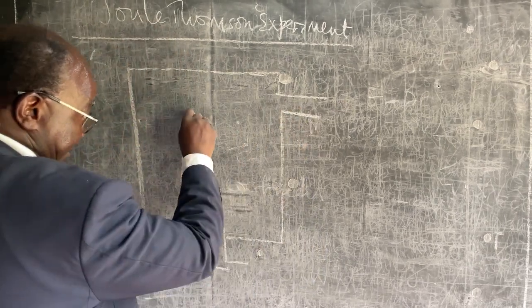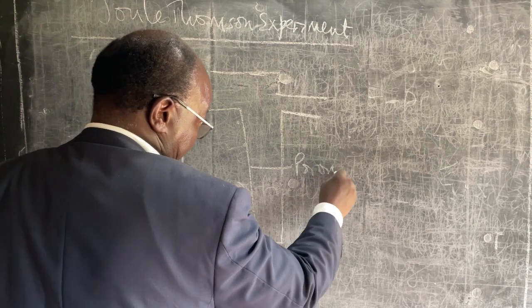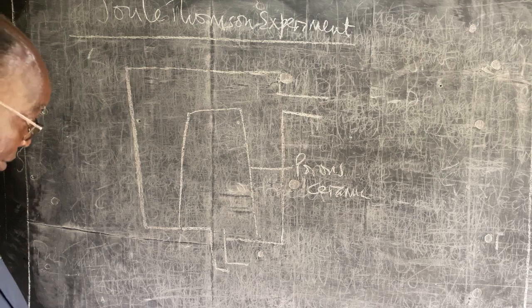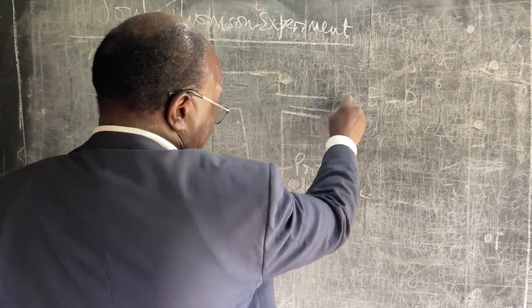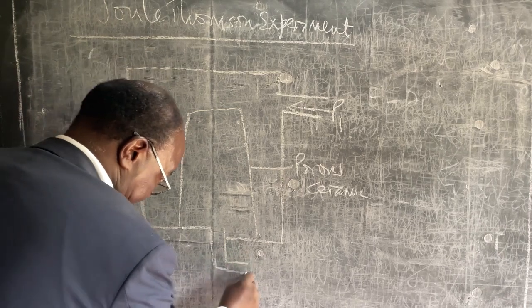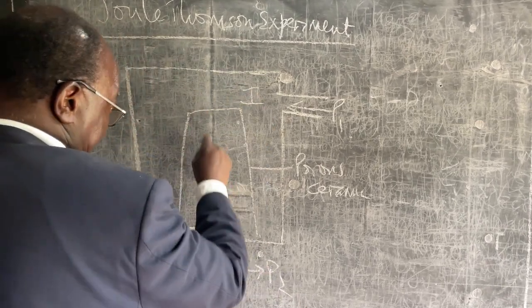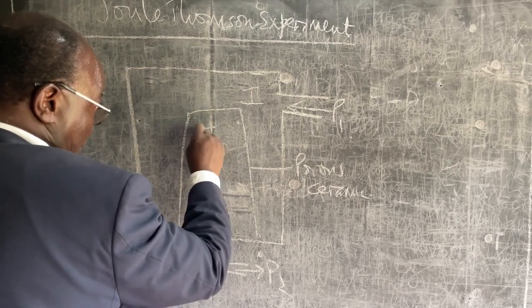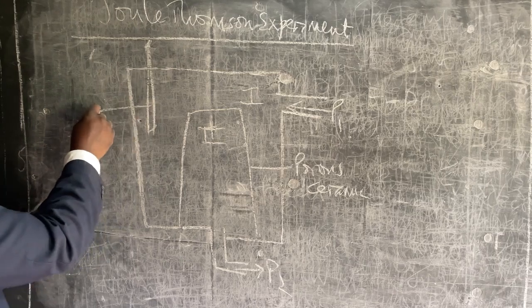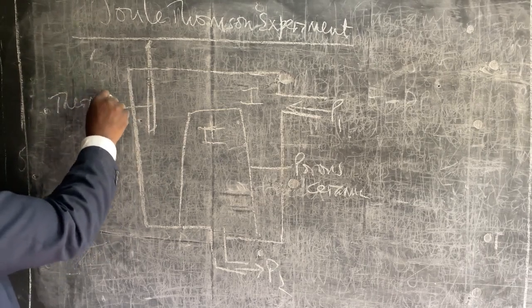And then we have a porous ceramic, through which gas can go. Then we have gas coming in, let's call it P1, and gas leaving, call that P2. Let's call this compartment 1 and this compartment 2. And we have a temperature measuring device, which can be a thermocouple or anything for measuring temperature. Let's call it a thermometer for simplicity.